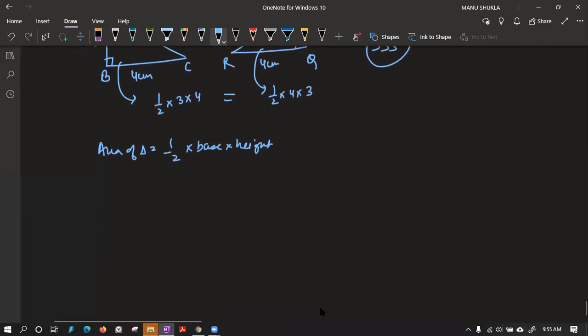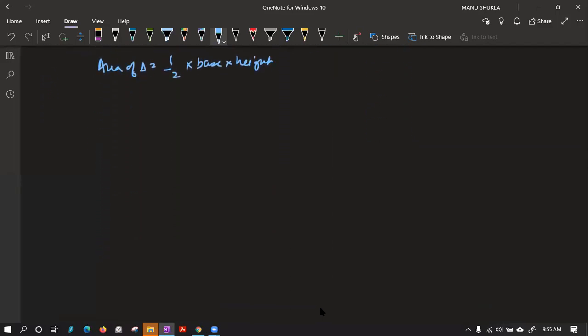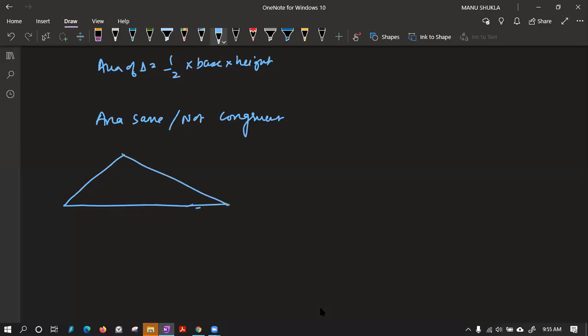Now, the second case is saying areas are same but not congruent. In this case, we can take a figure. Yes, they will come there also, Bunny. Now, if area is same but they are not congruent, you can take a figure like this and a figure like this.